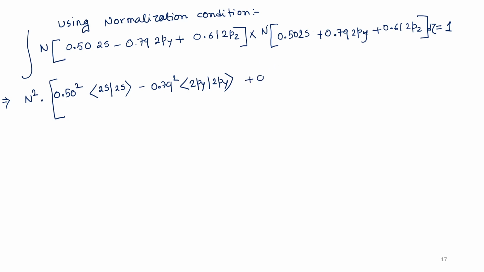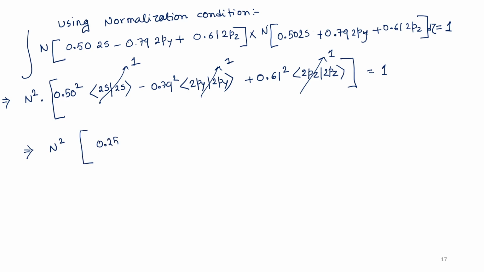Next is 0.61 square, 2pz 2pz, these are going to be 1, right? So I'm writing this in bracket notation, or Dirac notation. I hope you already know this thing, and you are comfortable right now.